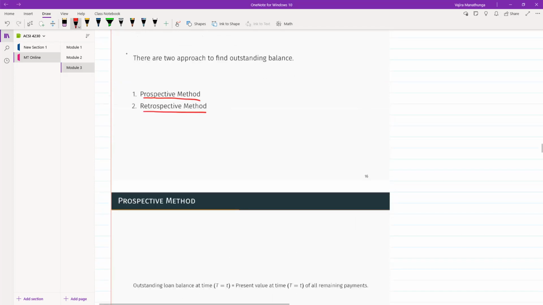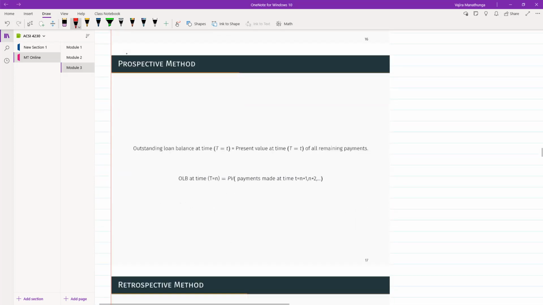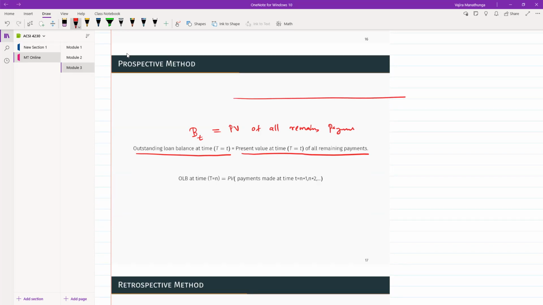So first we are going to focus on the prospective method. Under the prospective method, the outstanding loan balance at time t is the present value at time t of all remaining payments. Okay, so if I draw the timeline, here is time 0 where you receive the original loan amount.